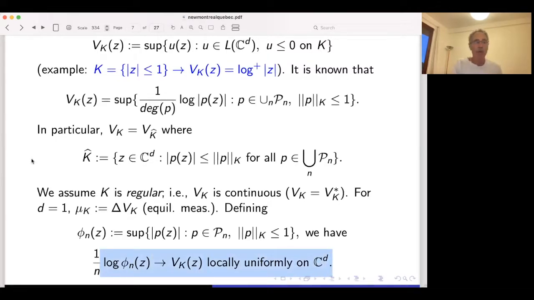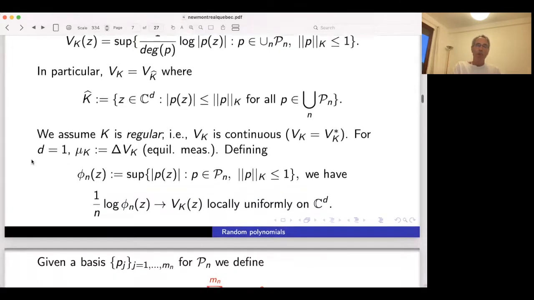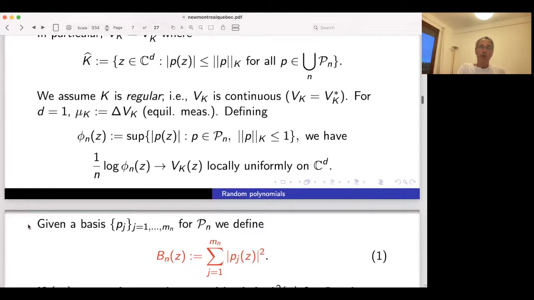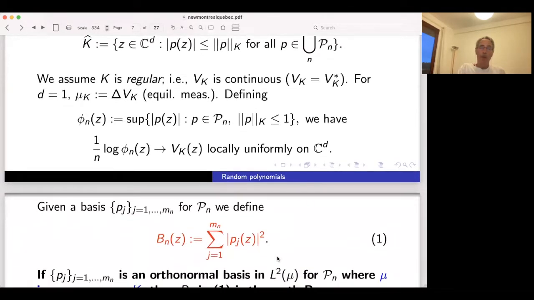Okay, not too surprising. The reason I mentioned that is because now let's go back to what we were talking about before, when we have this basis of polynomials p_j, and we're going to associate them with some compact set in a second. If we took a basis for the polynomials of degree at most n, and we form this function B_n, the sum of the moduli squared of these basis elements.